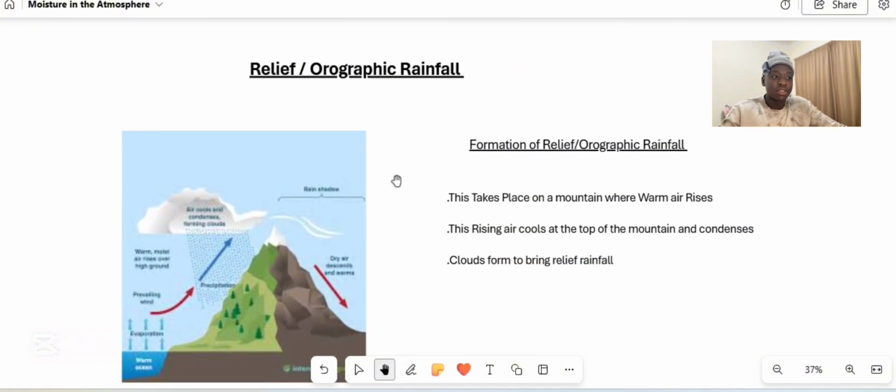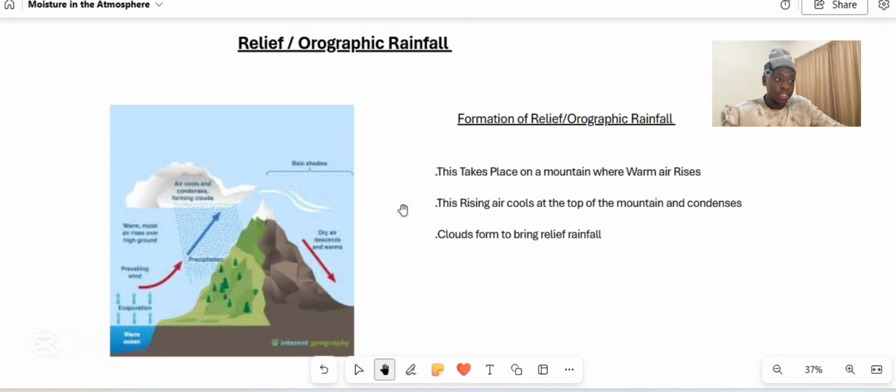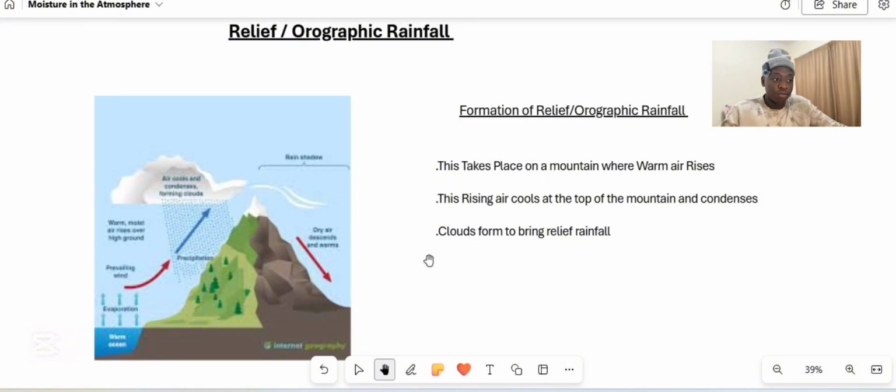It is sometimes said, or many teachers may say, it is the mountainous type of rainfall because it happens on a mountain. So first and foremost, it takes place on a mountain.